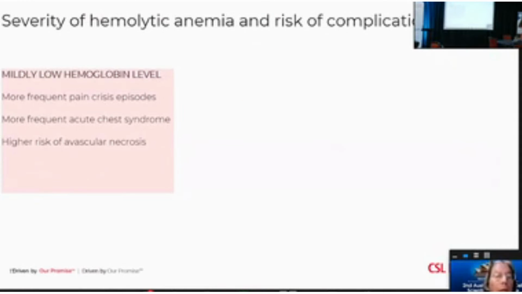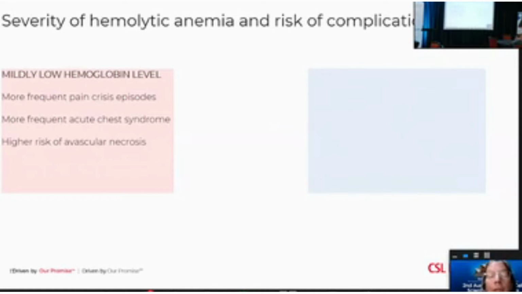The severity of hemolytic anemia is related to the risk of complications. Mildly low hemoglobin actually leads to a higher rate of pain crisis episodes. So what I mean is, in the range of patients with mildly low anemia or severely low anemia, mild anemia will lead to more frequent pain crisis episodes, more frequent acute chest syndrome, and a higher risk of avascular necrosis.